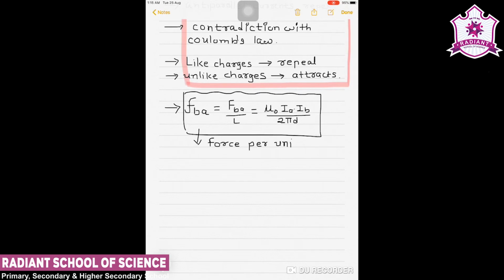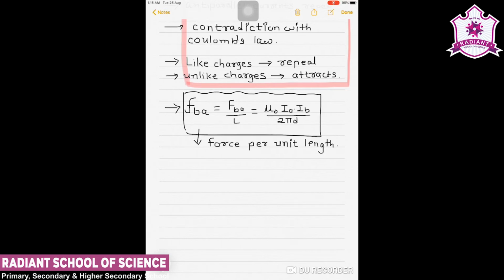In the condition given here, it is very clear that this expression is used to define the ampere. So from this equation we can define the SI unit for current, that is, the ampere.